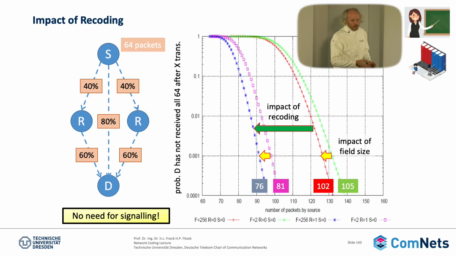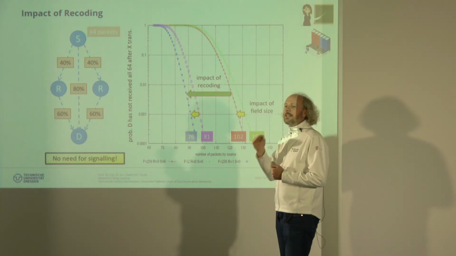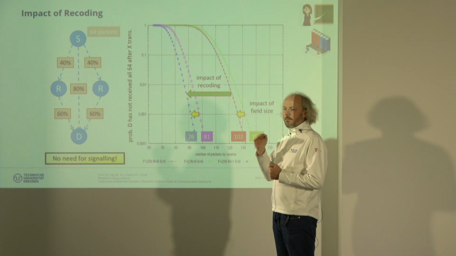And now the example, which is the most intriguing example for RLNC: multi-hop, multipath, and it has so many good examples that we should spend a little bit more time on that. And if you understand this, then I think you understood also where the impact of coding comes from. So here we have one source that would like to send 64 packets.